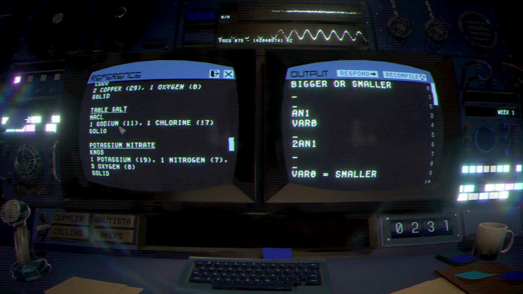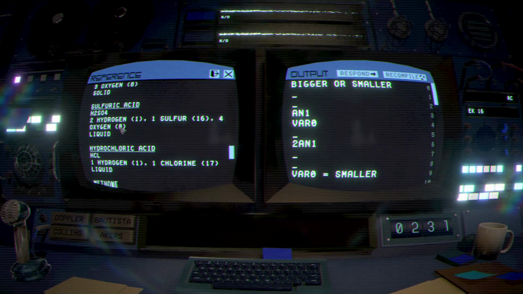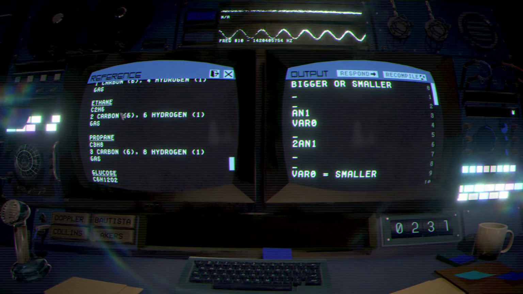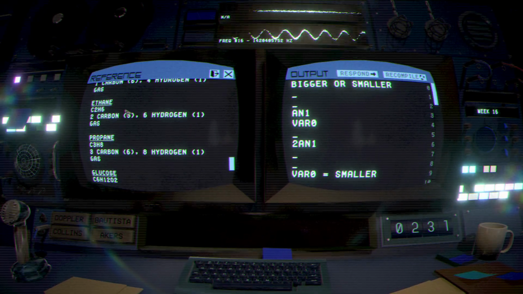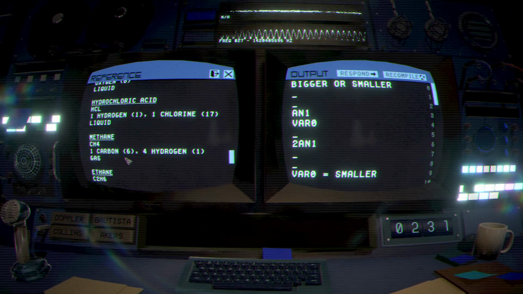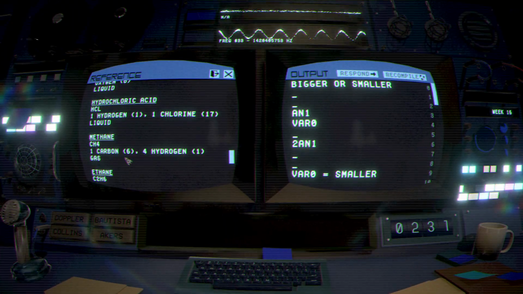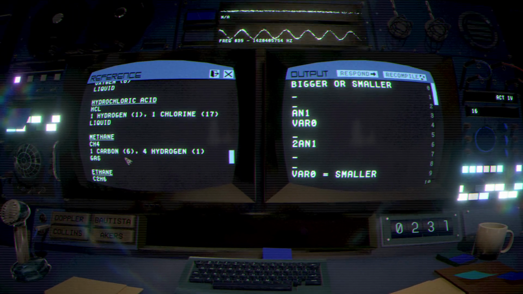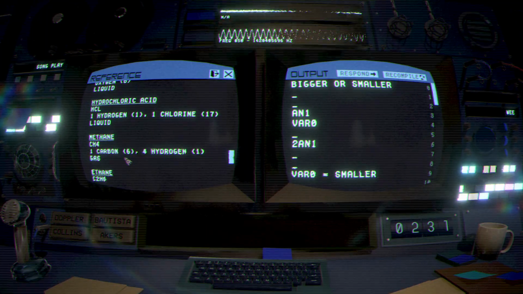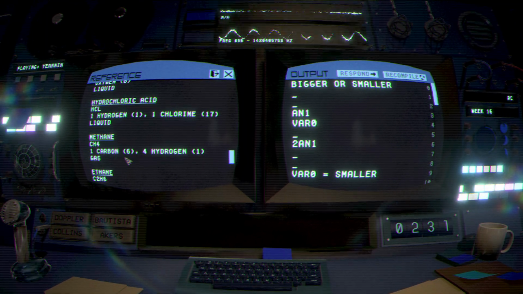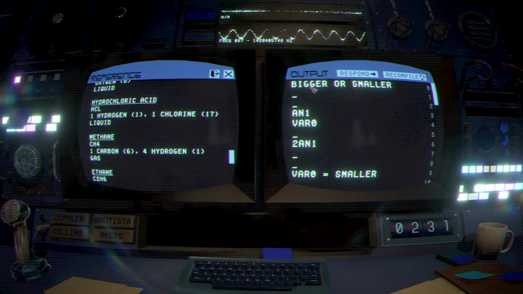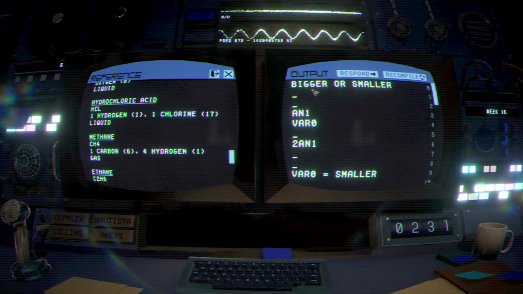Aluminum, 1 copper, potassium, 1 hydrogen, 1 chlorine. Could be that. Yes. Hydrochloric acid? Does that make sense? But a liquid is lighter than a gas? That can't be true. Bigger or smaller?